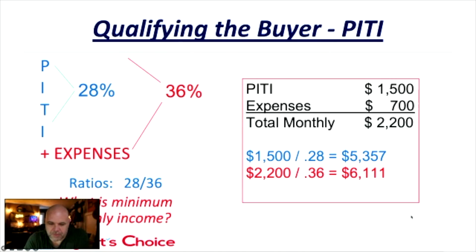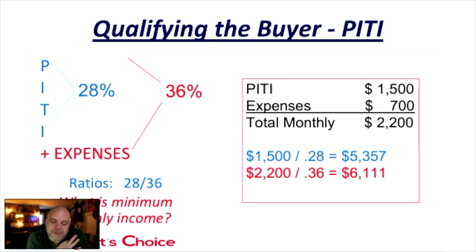They will give you the principal and interest, taxes and insurance. In this case, $1,500 a month is going toward the house payment. And the recurring expenses is another $700. So the total monthly, including house payment and recurring monthly, is $2,200.